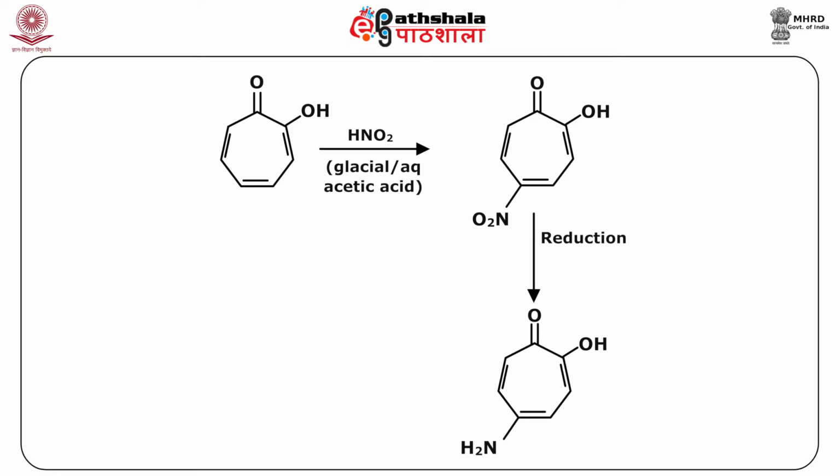So if you want to convert tropolones to amino derivatives, this is the best route, and there is no interference from any other substituents in this particular reaction. When the fifth position is blocked, the substitution occurs at position number 3. This may be possible, but 5-methyl-3-nitrosotropolone, the only product of this type, is reported.